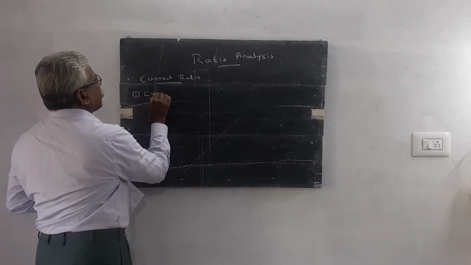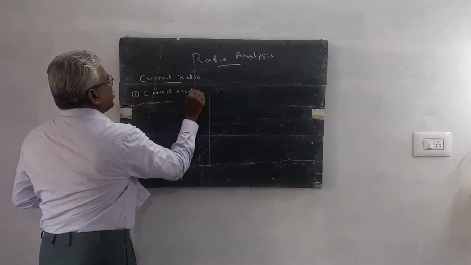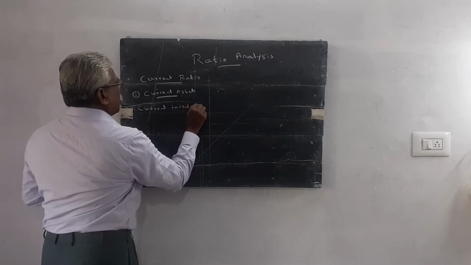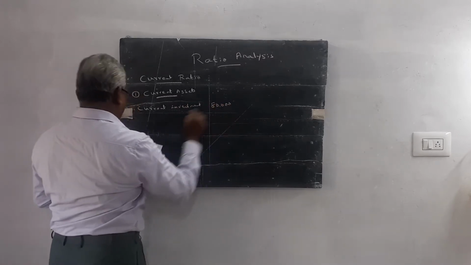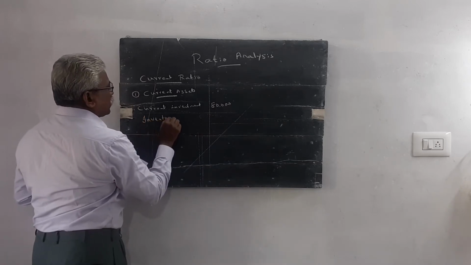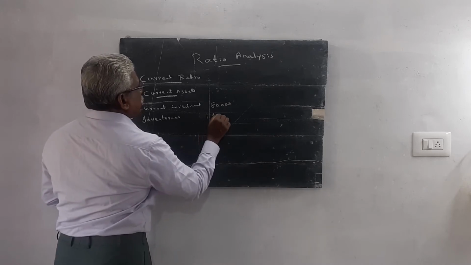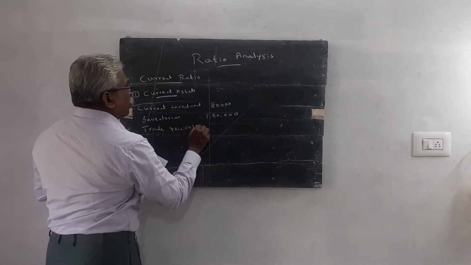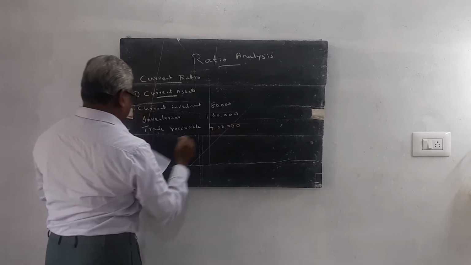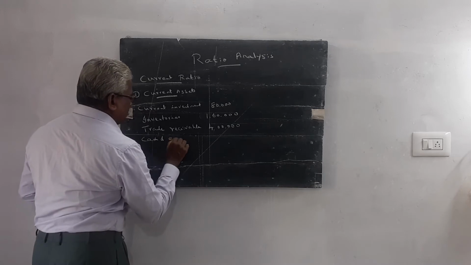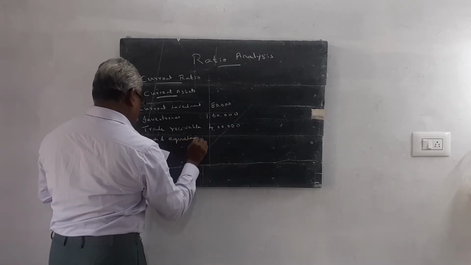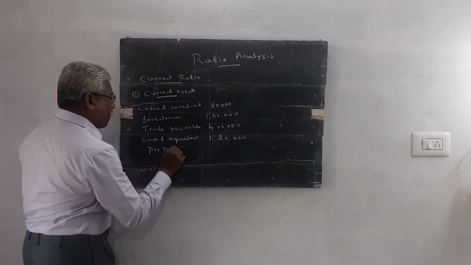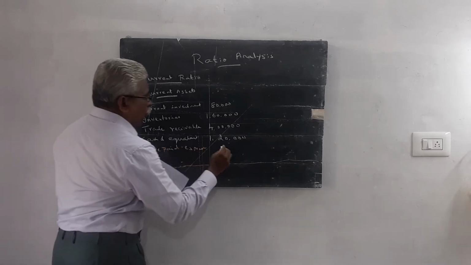First, current assets: current investment 80,000; inventories, which in some problems is given as stock, 1,60,000; trade receivable or bills receivable 4 lakh; cash and cash equivalent 1,20,000; prepaid expenses 40,000.